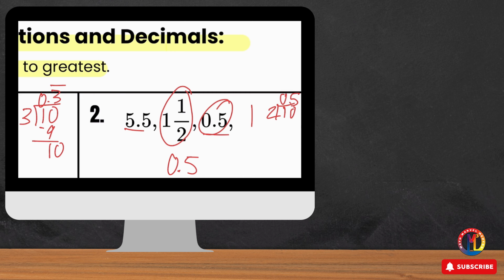And so here we see we have a repeat, 5/10, 5/10, and then 5 1/2, or 5 5/10 would be the order. We can also write it with, oh, I forgot the 1. That's why it's the same thing. It would be 1 5/10, or 1 1/2. So when we put them in order from least to greatest, 5/10, 1 1/2, and then 5 5/10 would be my greatest value. So there's my answer.